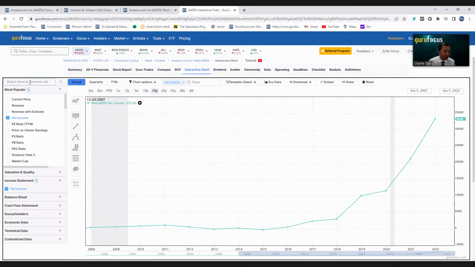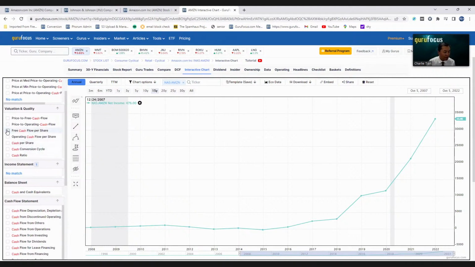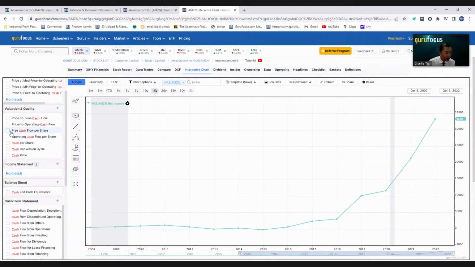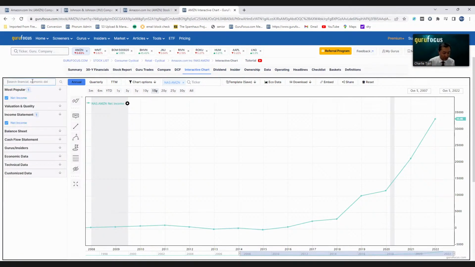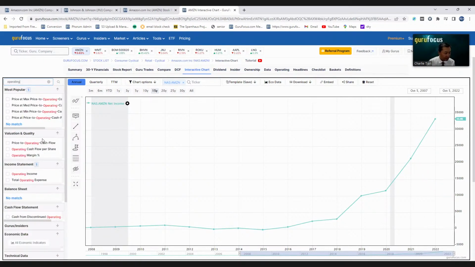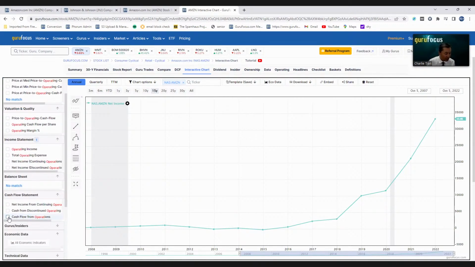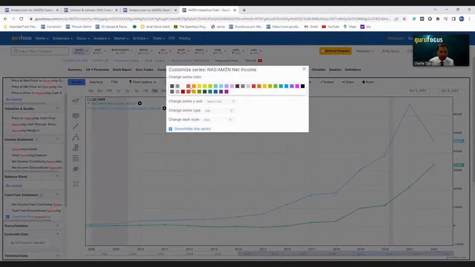But if you look at the cash flow, free cash flow, the operating cash flow, cash flow from operations, this one. Yeah, this is the lower line. Let me change the color to make them more distinguishable.